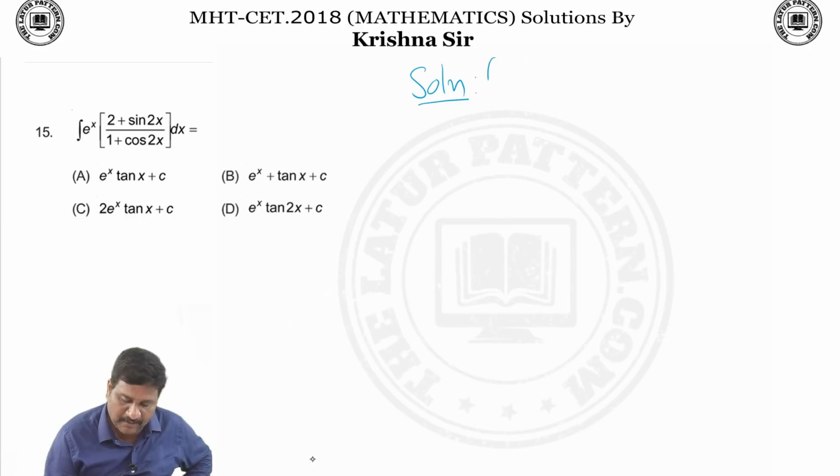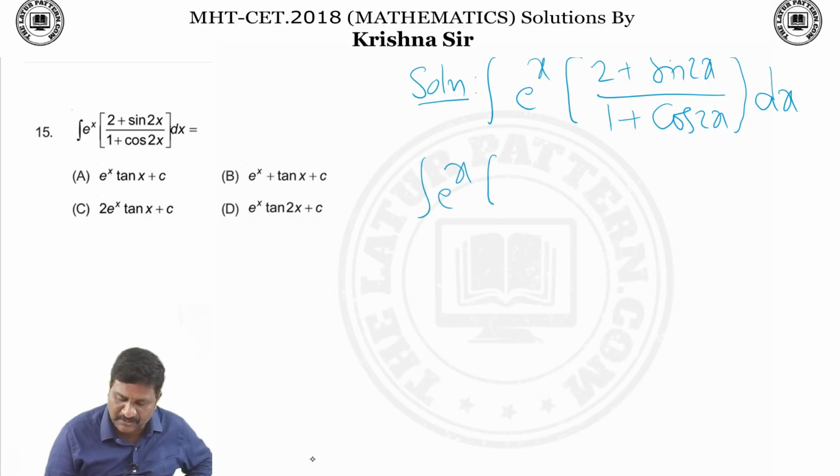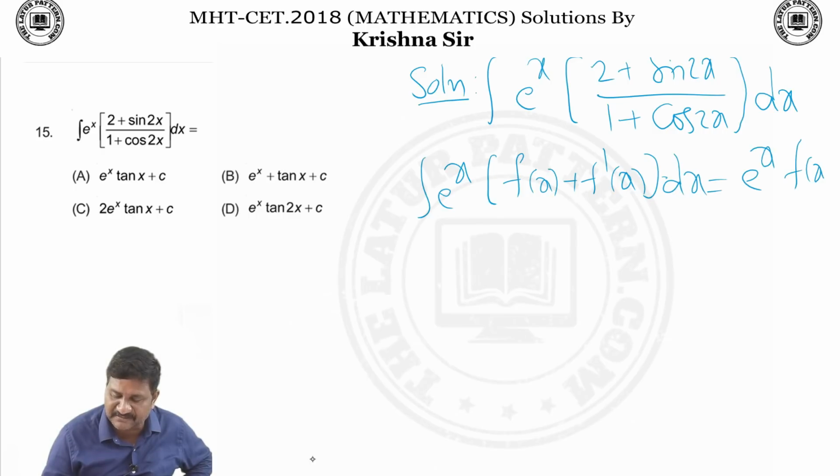The given problem is the integral of e power x into (2 plus sine 2x) upon (1 plus cos 2x) dx. This problem we have to change into the form e power x into (f of x plus f dash of x).